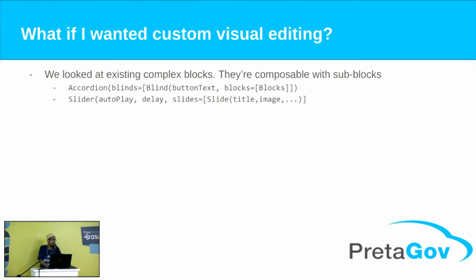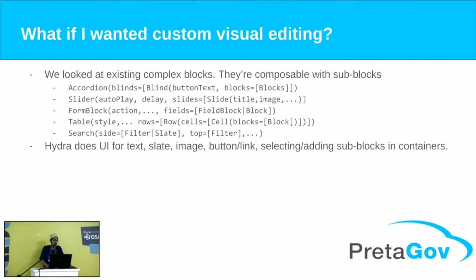Okay, what about custom blocks? This is the main part, I think. I don't want to skip that, so we will talk about this. How can we have custom, complex blocks? We thought about containers. It's well documented, well spelled out. If you check the documents, there is an issue.